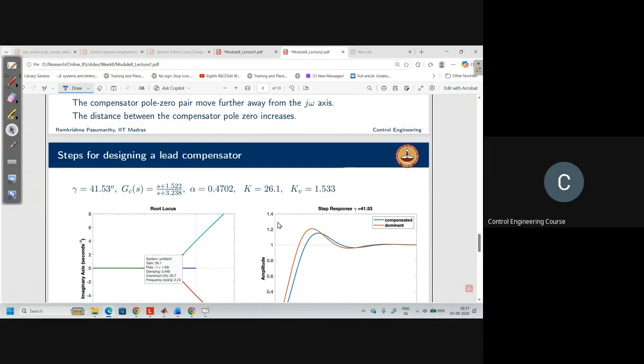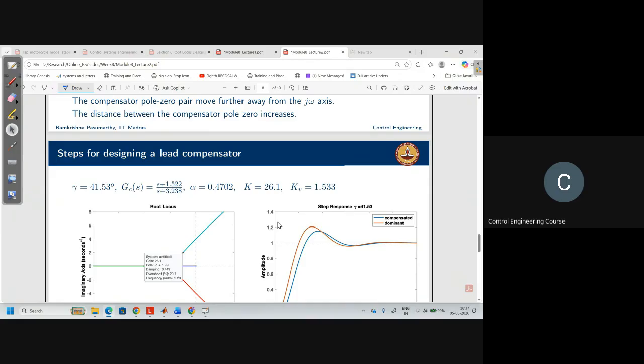Our ultimate aim is to maintain dominance. That means this open loop zero ZC should compensate for the overall system's dominant condition, and we need to choose a pole which is far away from that one.